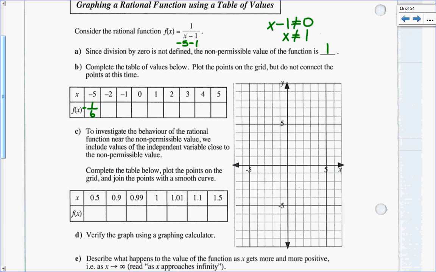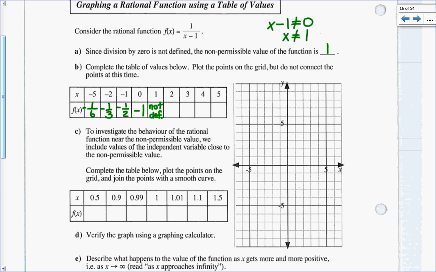Okay, if we plugged in -2 for our x, we'd have -1/3. If we plugged in -1 for our x, we'd have -1/2. If we plugged in 0 for our x, we'd have -1. If we plugged in 1 for our x, we'd have 1 minus 1, which is the case that would give us a 0 value in our denominator, which means that that is the point where this graph is not defined.